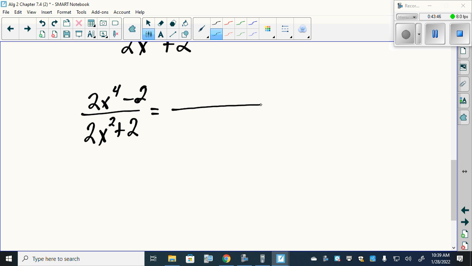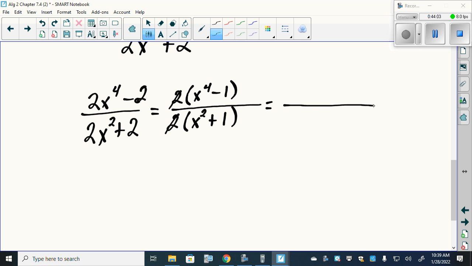Well, the numerator does have a greatest common factor of 2, leaving us with x to the fourth minus 1 over, and here we have 2 times x squared plus 1. Those would cancel. The numerator actually works out to be x squared minus 1 times x squared plus 1 over x squared plus 1.